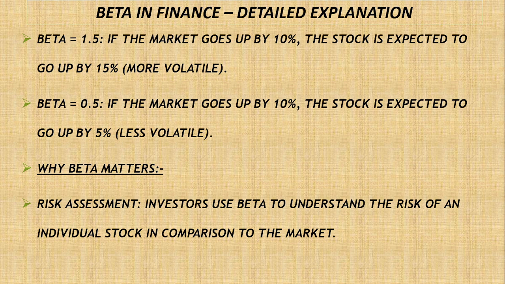Beta equals 0.5: if the market goes up by 10%, the stock is expected to go up by 5%. This is less volatile.